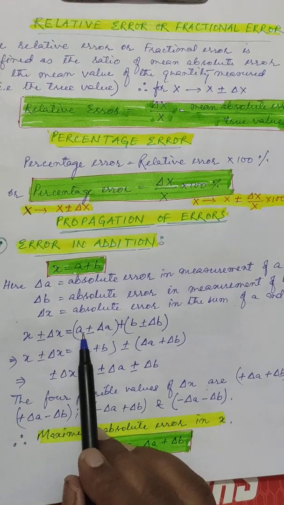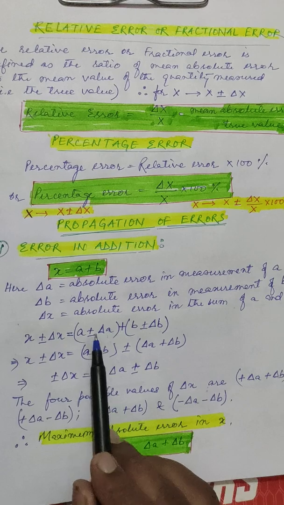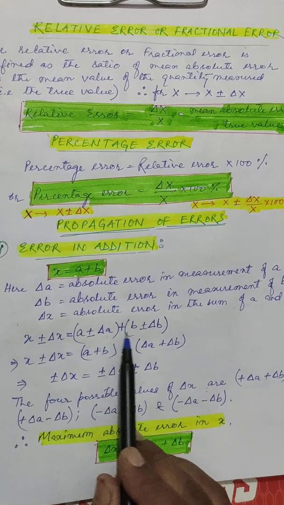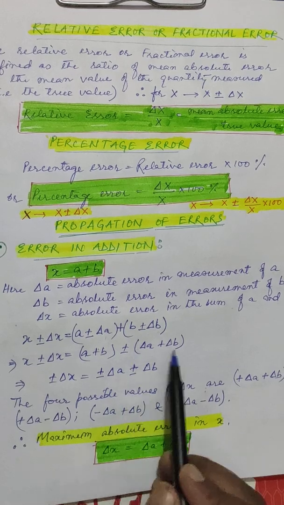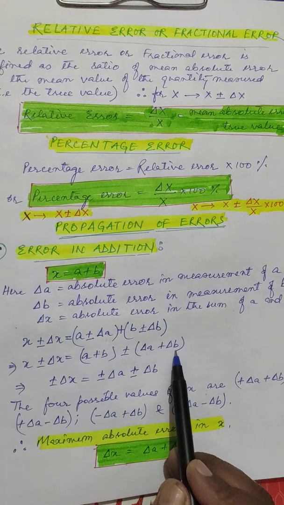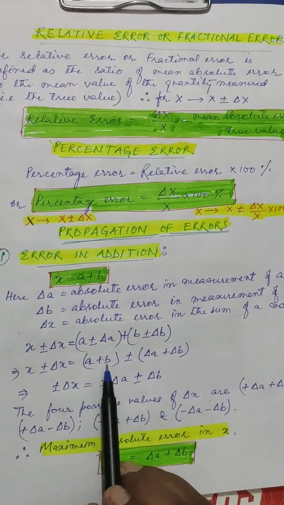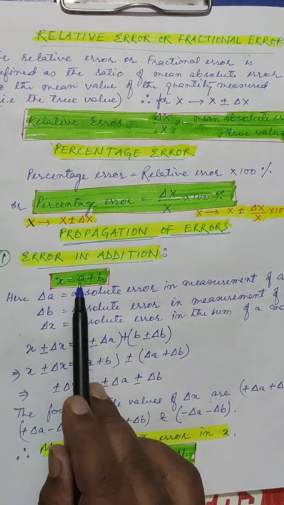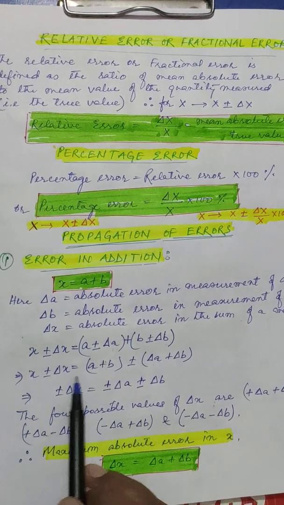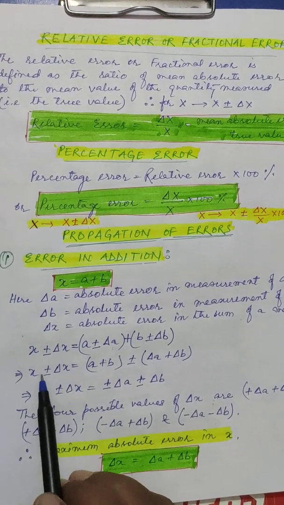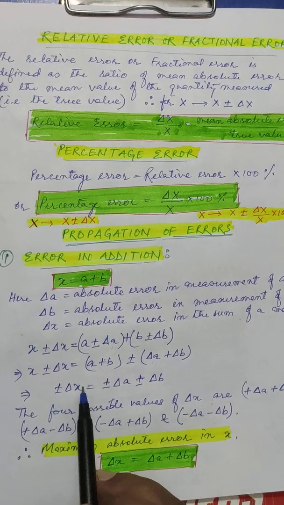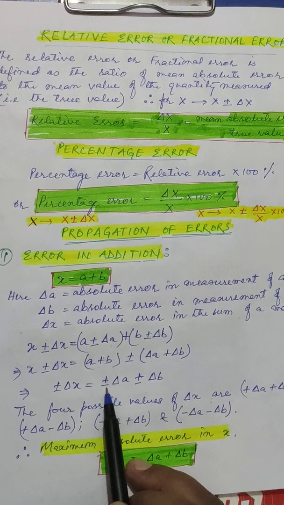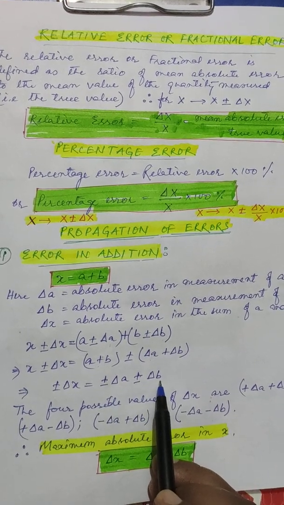Now a plus b we are writing together, so plus minus delta a, here also plus minus delta b, so you can write plus minus outside, within bracket it is delta a plus delta b. Now a plus b, we have already mentioned a plus b is x, so here x and a plus b will cancel out. We are left with plus minus delta x, that is error in the result, is equal to plus minus delta a plus minus delta b.